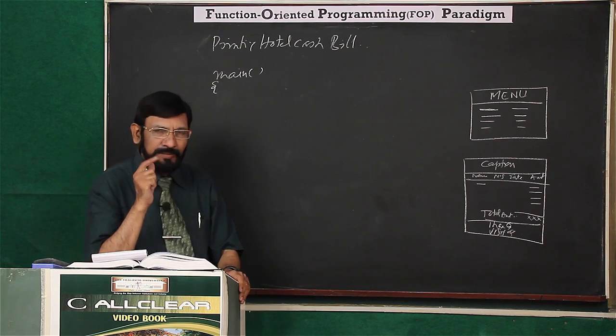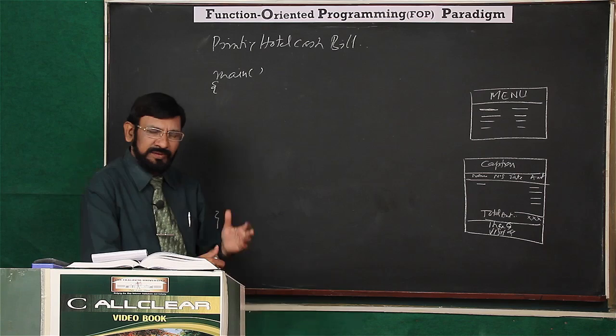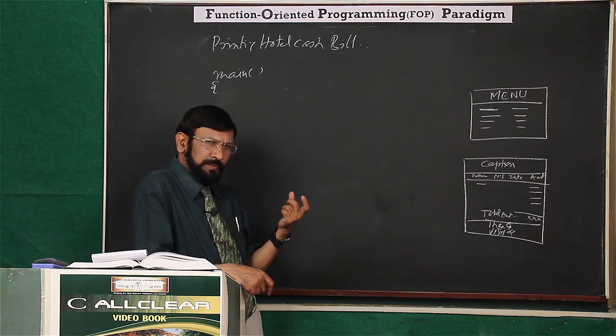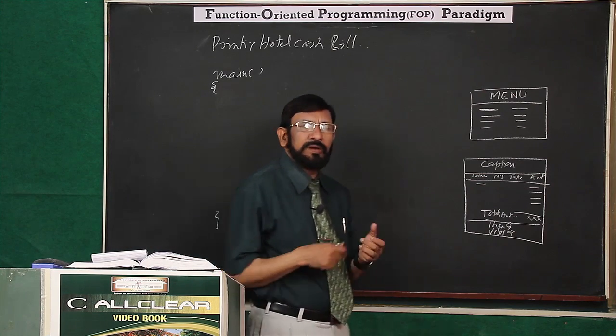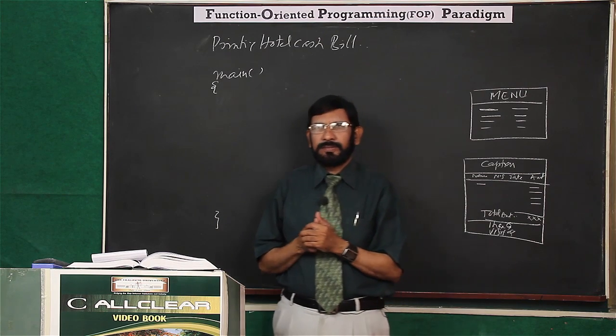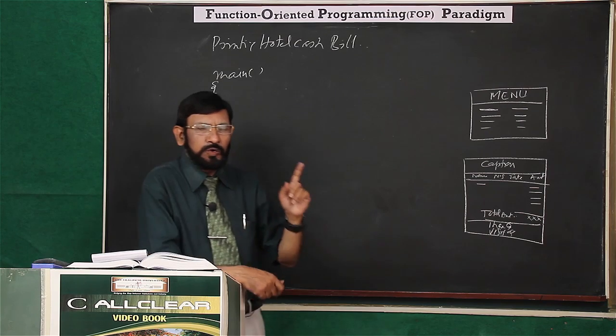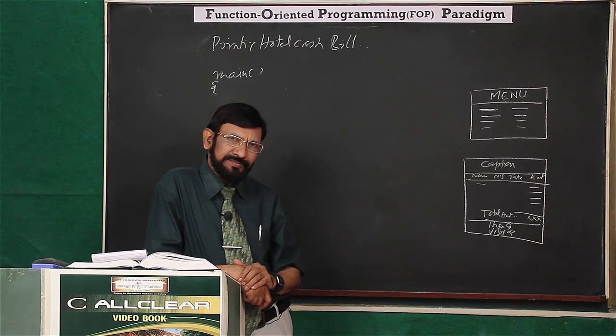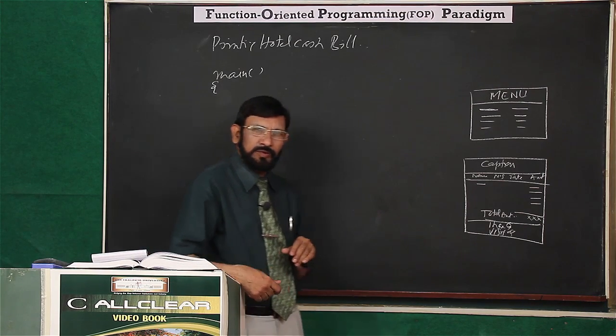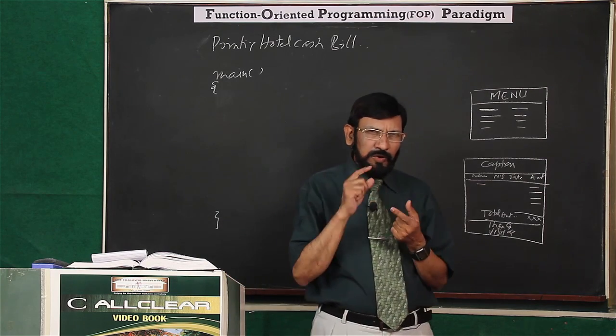Here, one very important principle should be strictly adopted in C language. What is that? Every independent identifiable job should be entrusted to a different function. Already one example, marks report, you have seen. Two simple jobs are there.